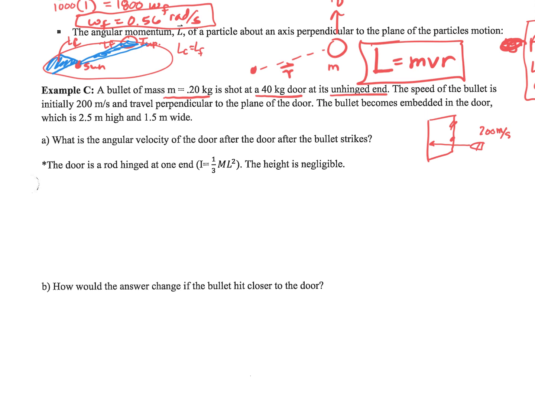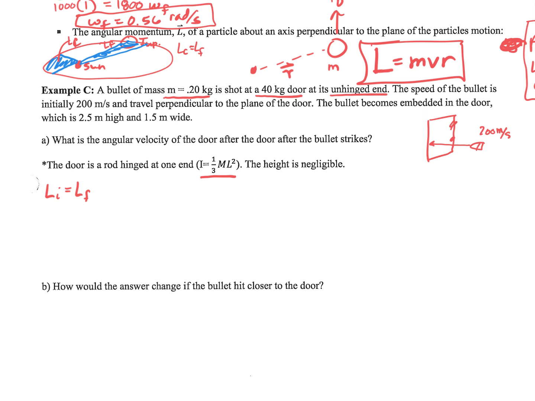All right, so it asks, what's the angular velocity of the door after the bullet strikes? Well, it gives you this. The door is treated as a rod on a hinge, and it gives you the formula for I. So first thing we're going to say is, before the collision, what do we have going on? We know this: L initial equals L final. L initial is just the bullet moving, correct?